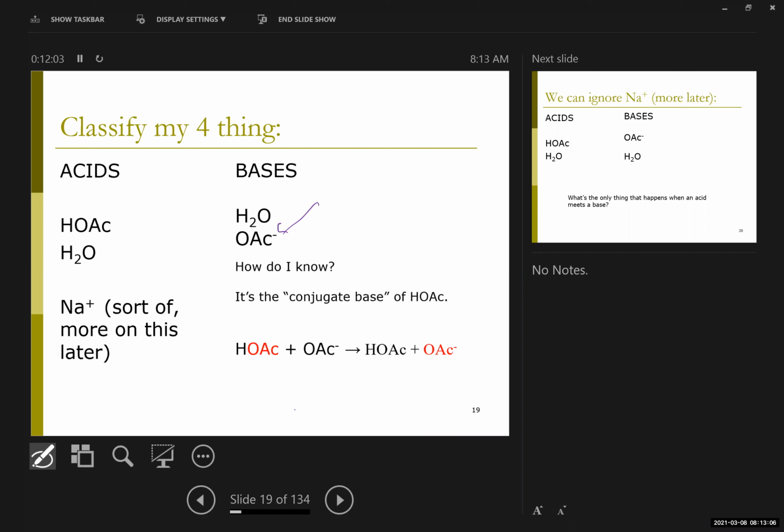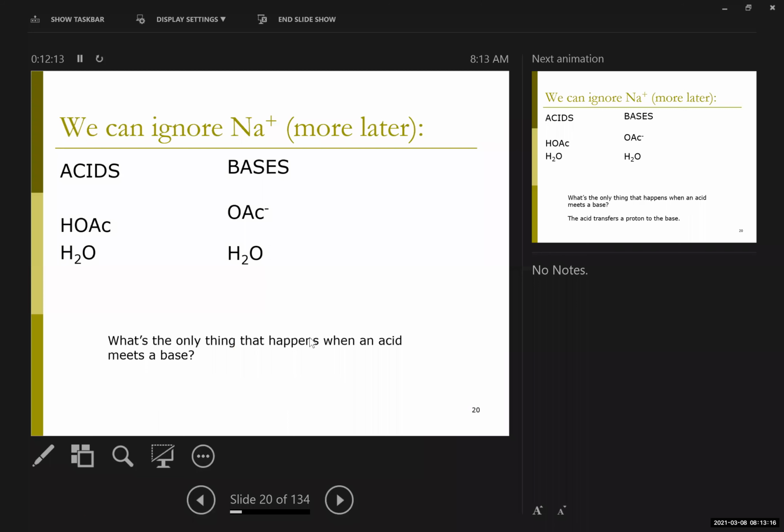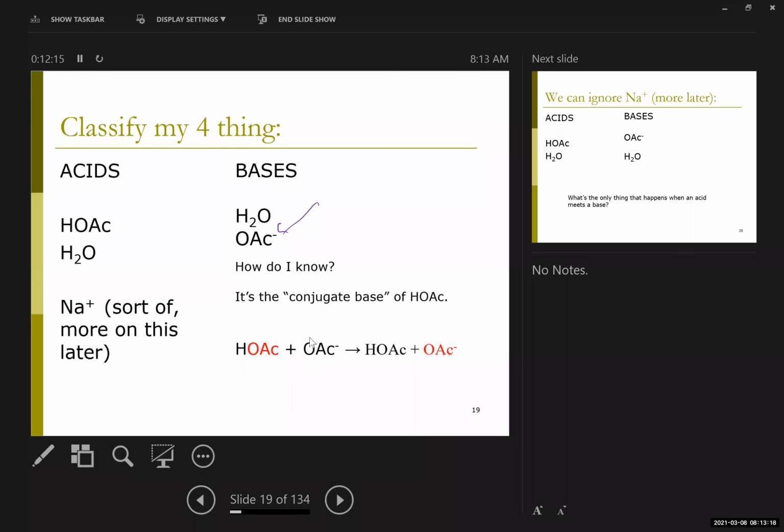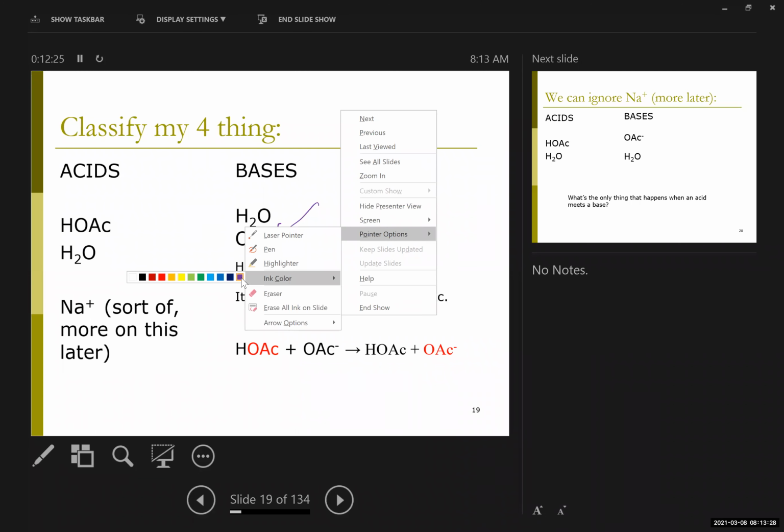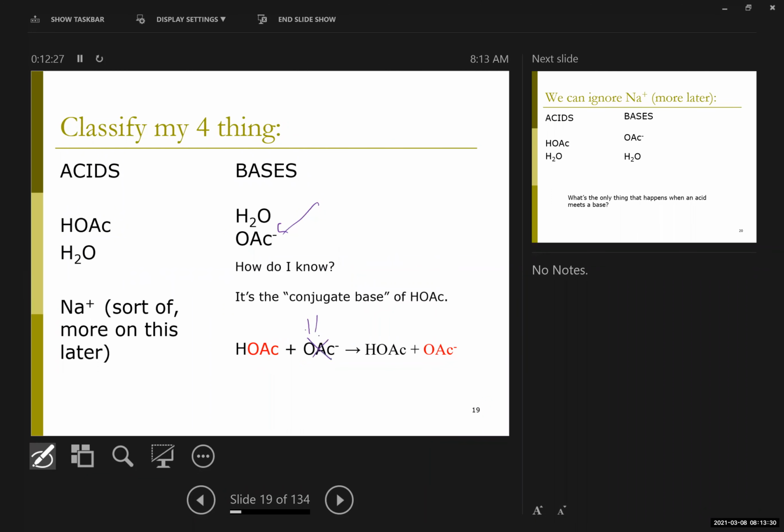Whoops, I copied and pasted the wrong reaction there. I'll fix that later.